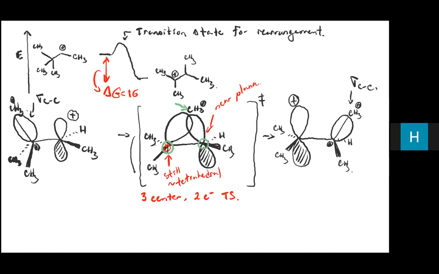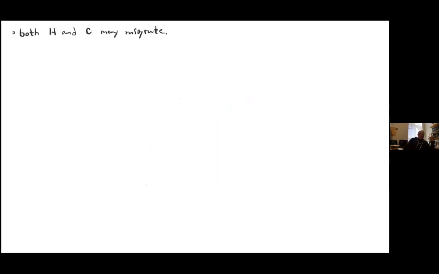So 3 atoms, and we're ignoring the rest of the molecule. Then if you think about how many electrons are involved, ignoring the rest of the molecule, there are 2 electrons. So it's a 3-center, 2-electron transition state. Okay, good question.